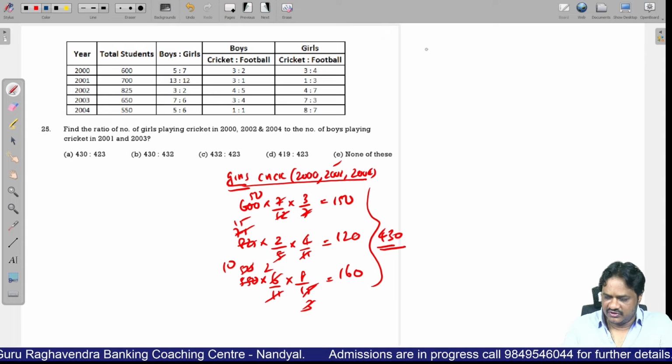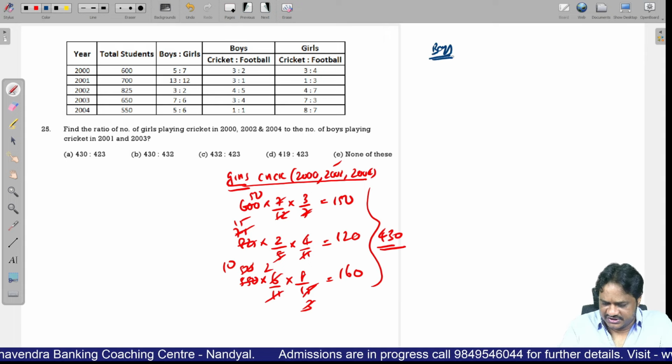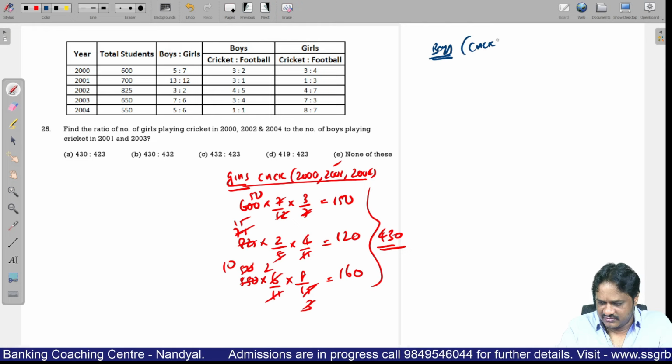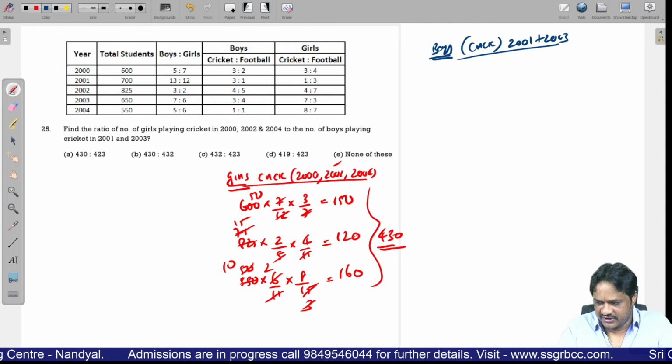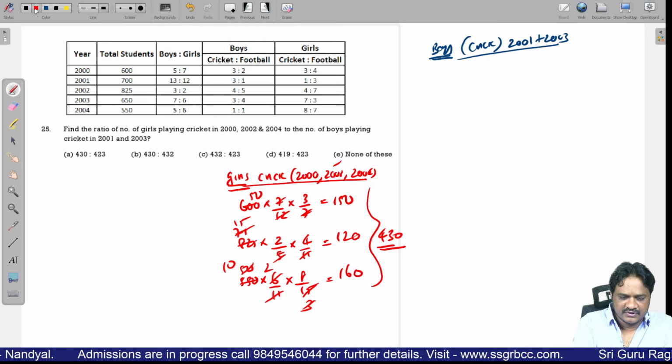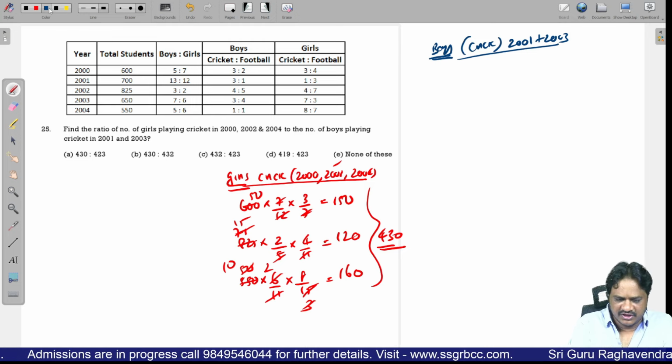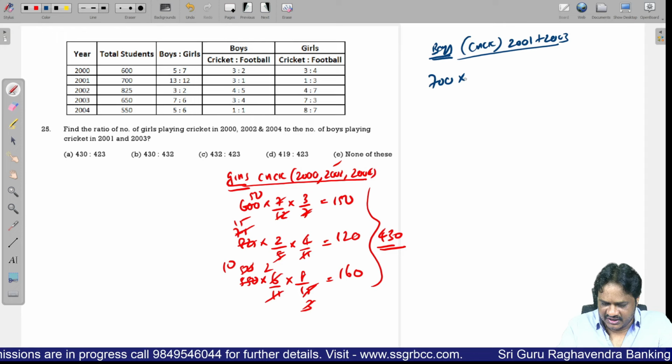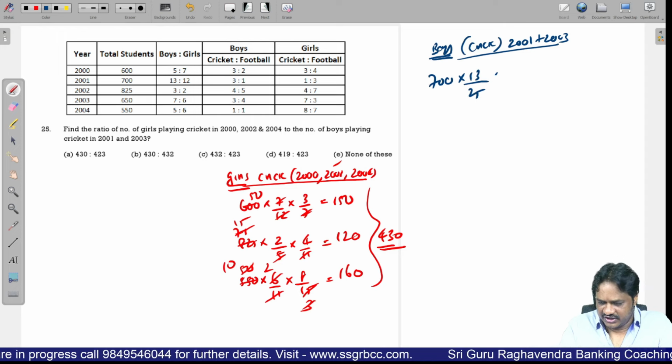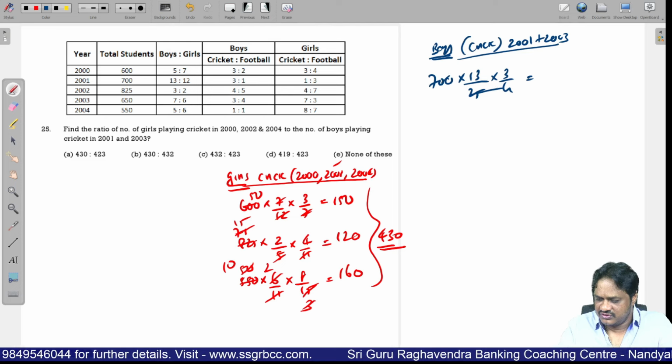Then we have to calculate boys playing cricket in 2001 and 2003. Boys playing cricket in 2001: 700 into 13/25 into 3/4. So 91 into 3, 273.